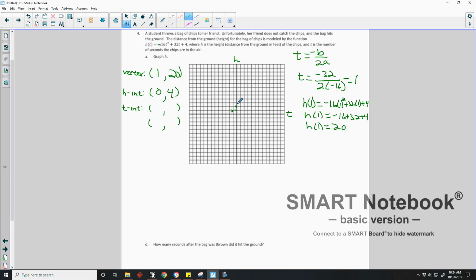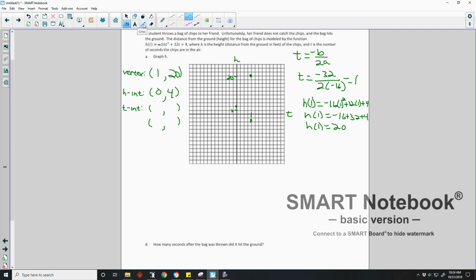So if I go 2, 4, 6, 8, 10, 12, 14, 16, 18, 20 is right here, and it's over 1. And just so this isn't squished, this is 1/4, 1/2, 3/4. Let's call each 4 1. So there's 1. So I know my vertex is the point 1, comma 20, and that will be right here.